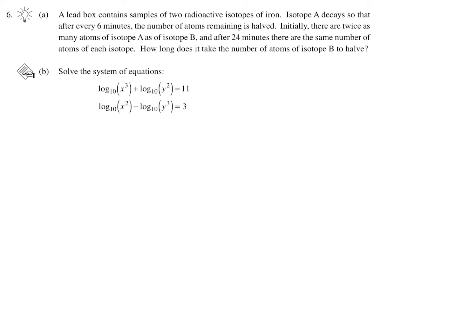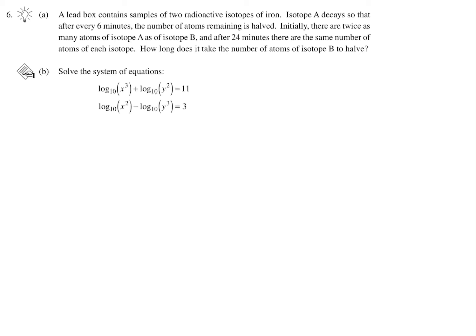A lead box contains samples of 2 radioactive isotopes of iron. Isotope A decays so that after every 6 minutes, the number of atoms remaining is halved. Initially, there are twice as many atoms of isotope A as of isotope B, and after 24 minutes, there are the same number of atoms of each isotope.